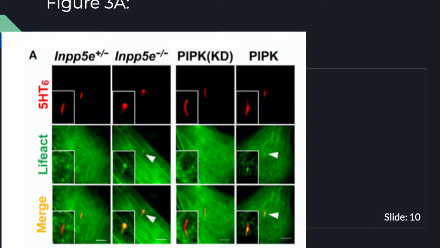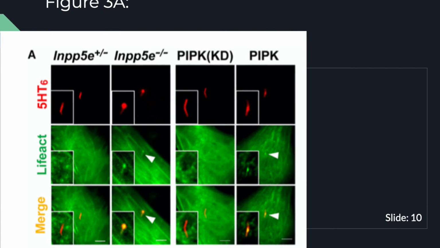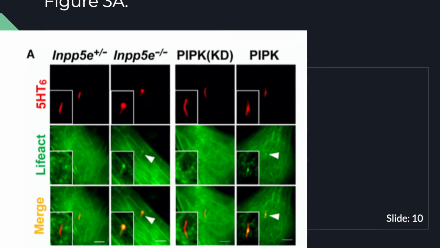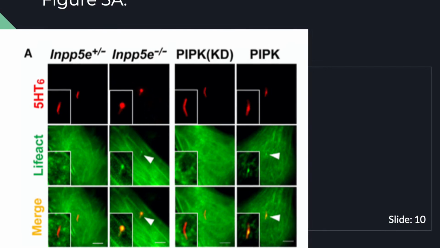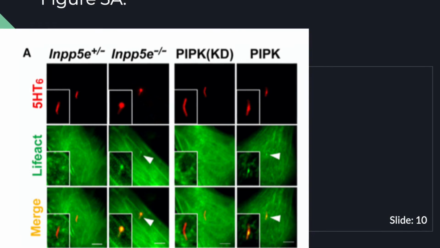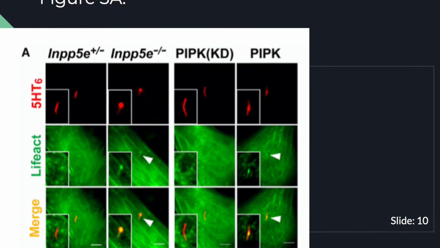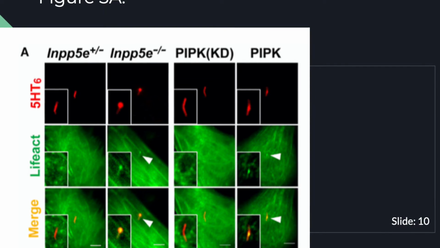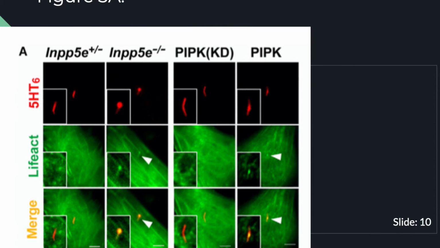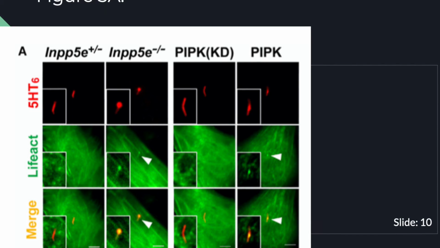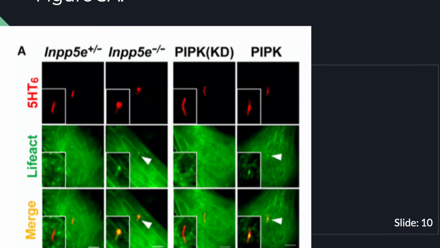So they directly measured the amount of PI4 by, quote, targeting constitutively active PI5 kinase LG-PIPK to cilia, 5-HT6-PF-PIPK. Basically using PIPK to amplify the amount of PI4 in the cilia. It's not clear how they did this, but regardless they found a higher amount of F-actin present.